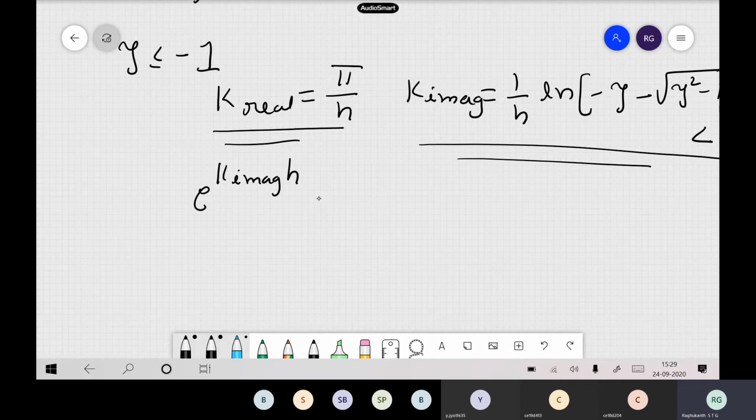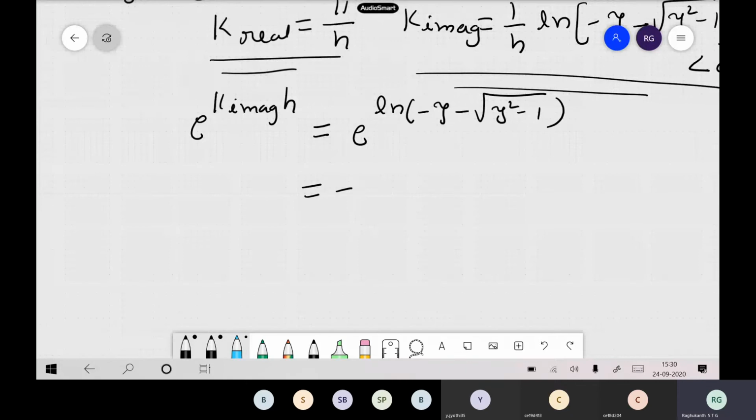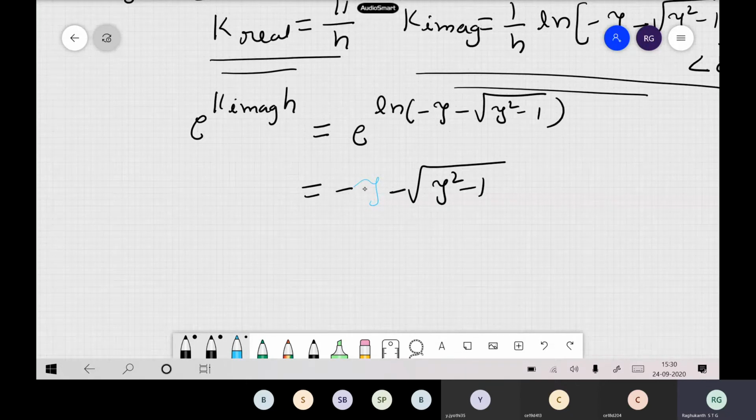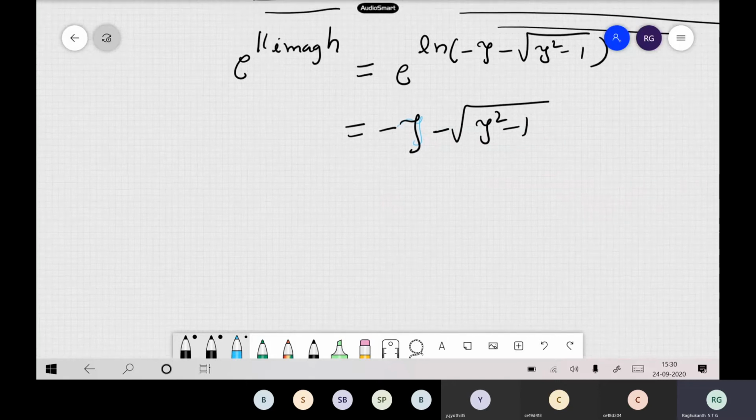You can write this as e to the power of log of minus psi minus square root of psi square minus 1. The logarithm and the exponential get cancelled, so this becomes minus psi minus square root of psi square minus 1. Which means it is not unstable.